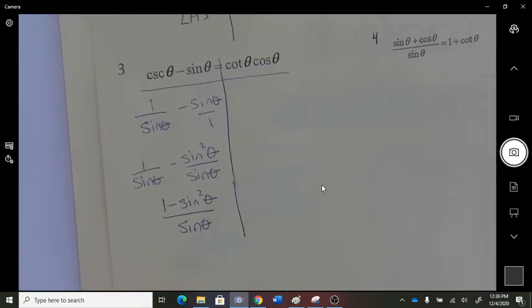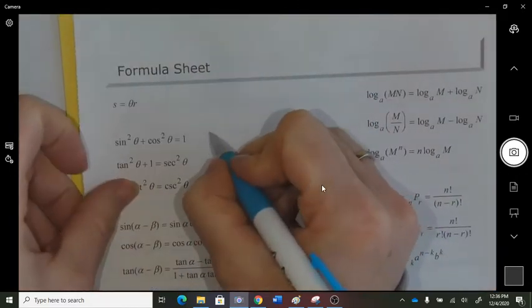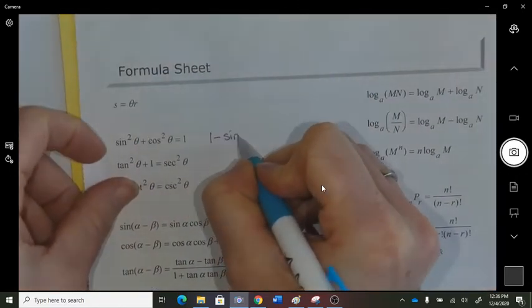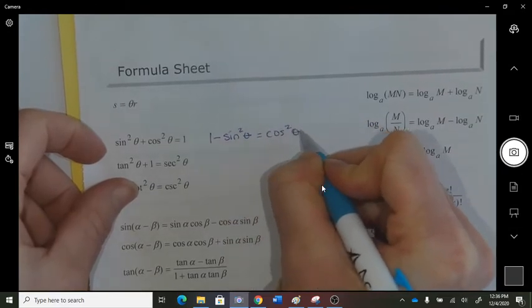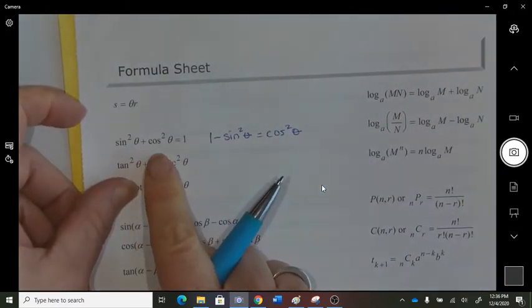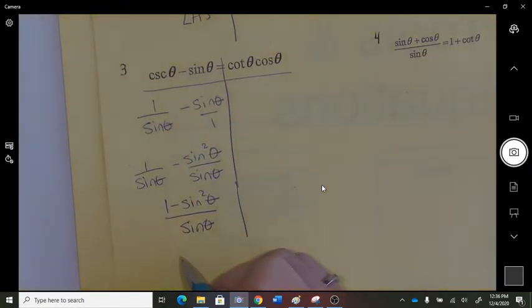Now I'm going to go into my identities here. I can see that if I move this around, 1 minus sine squared equals cos squared.